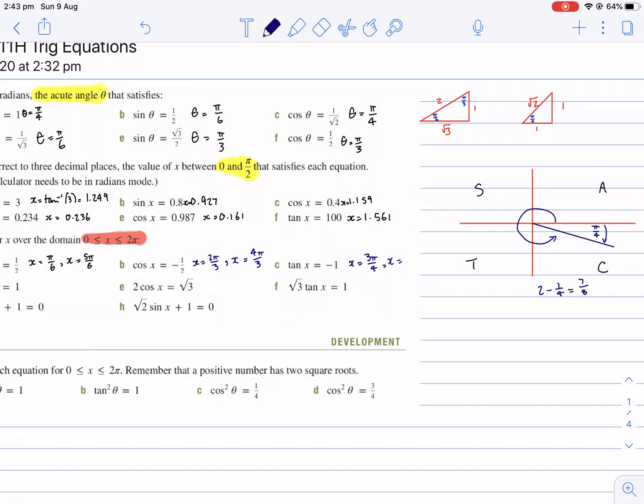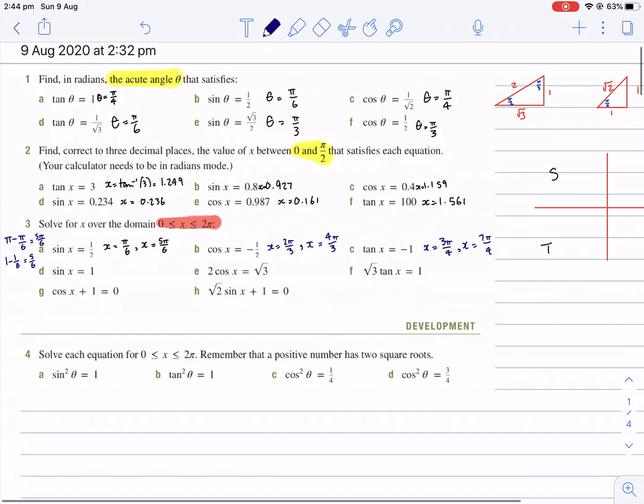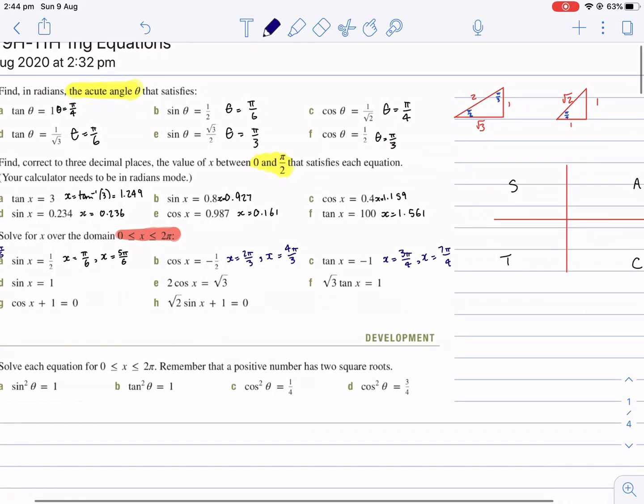No, 7 on 4. So 7 pi on 4. Okay, sine x equals 1. For sine to be 1 on 1, it's 90.